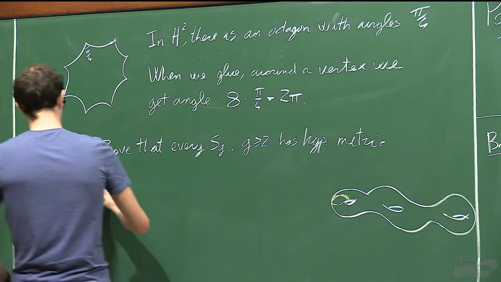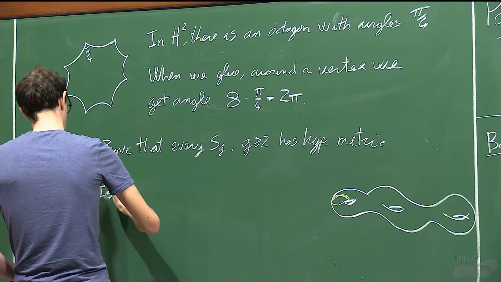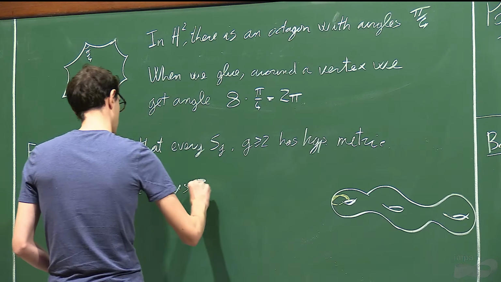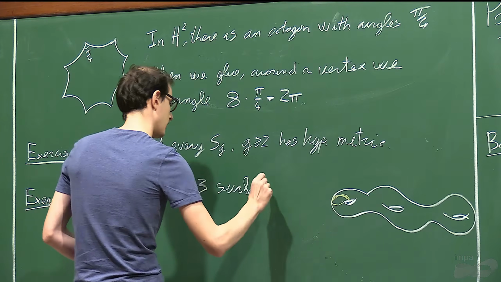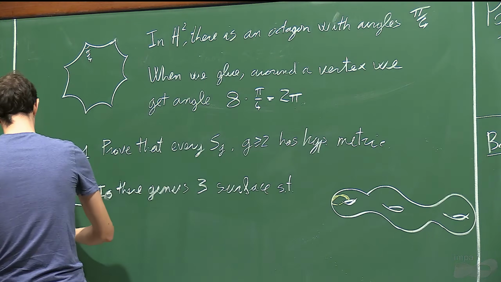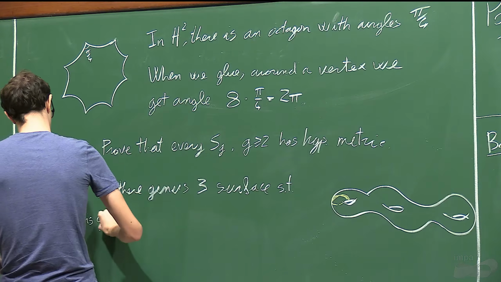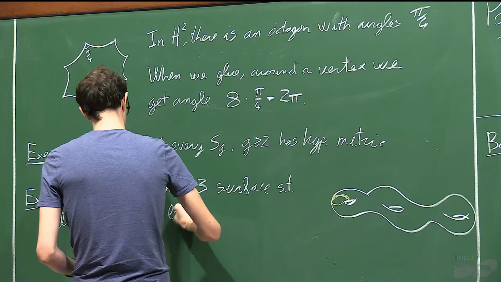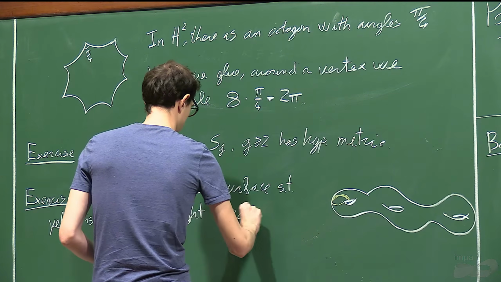So, is there a genus 3 surface such that the yellow curve is a geodesic of length, I don't know, 2025.